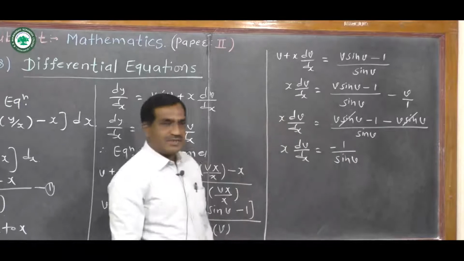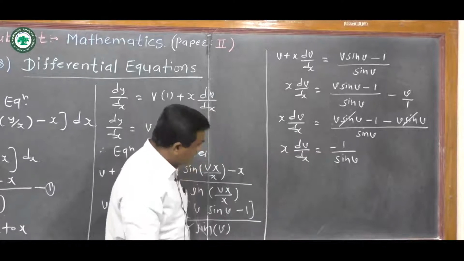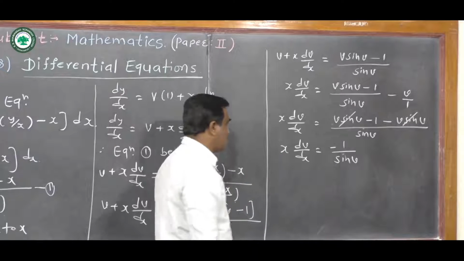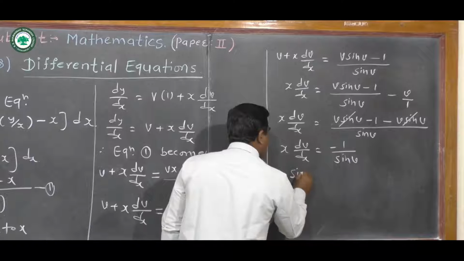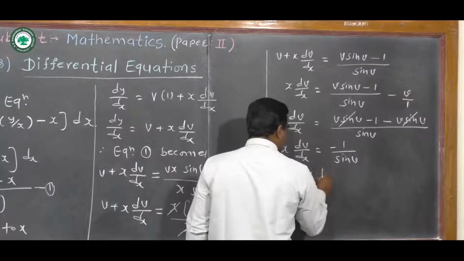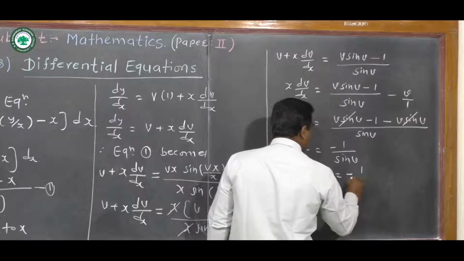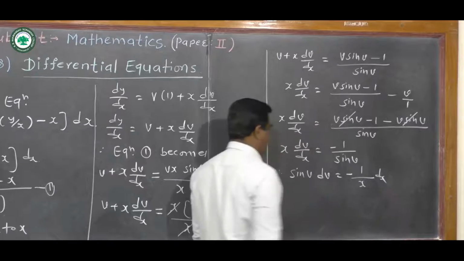Now this is the equation in the form of variables x and v. Now we can take terms of v to the LHS and terms of x to the RHS. Therefore we can write here sin v into dv is equal to minus 1 upon x into dx.